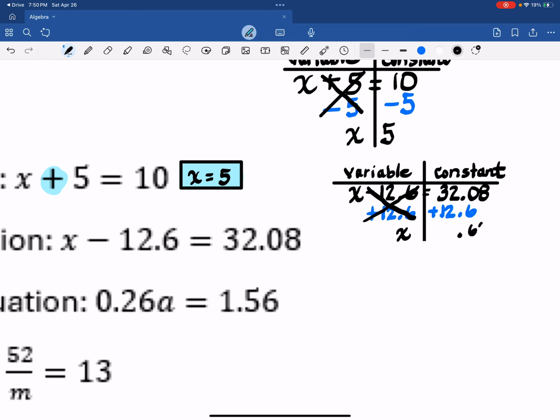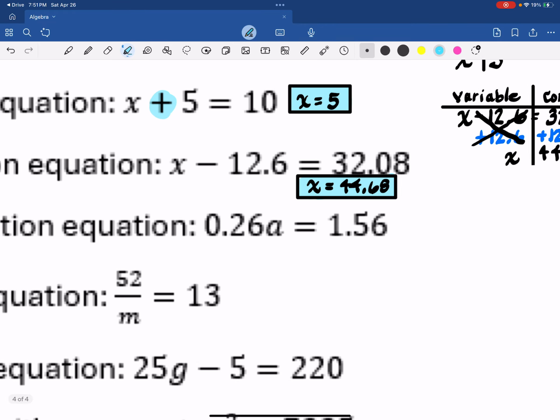That is going to be 44.14. So the solution to this problem, x is 44.14. I think I said 66. I'm sorry. And that is your solution for number 2 there, the subtraction equation.